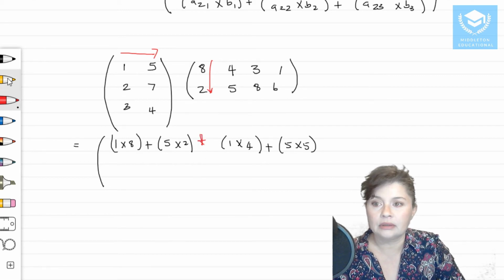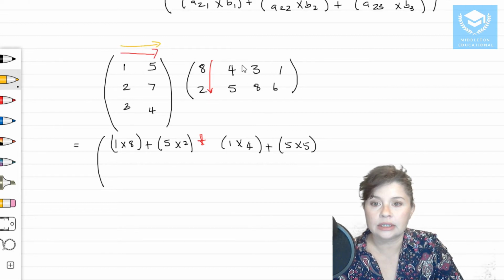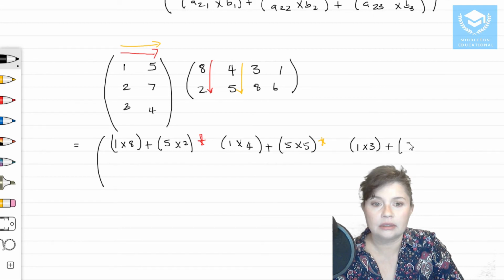Then the next position, that one times this one gives you that one there. The next one is going to be 1 times 3, 5 times 8.